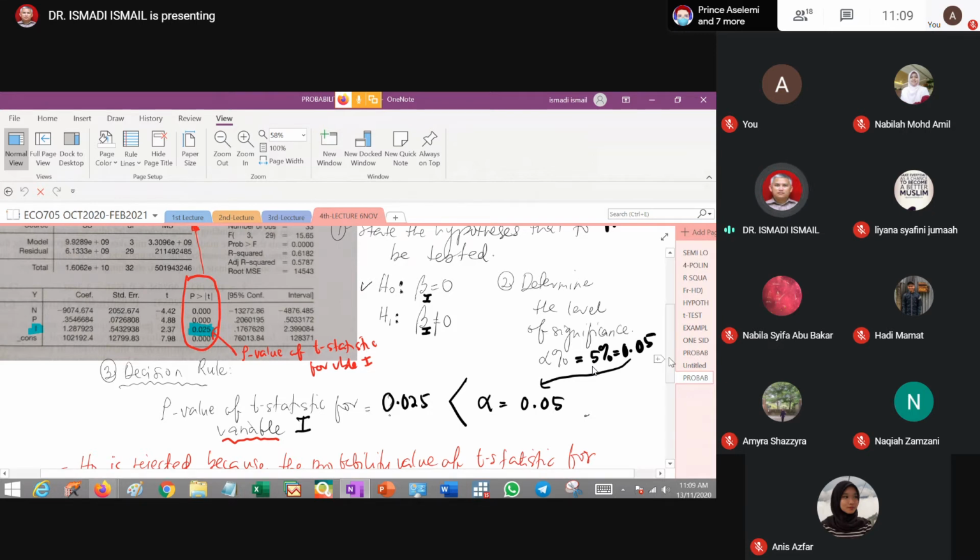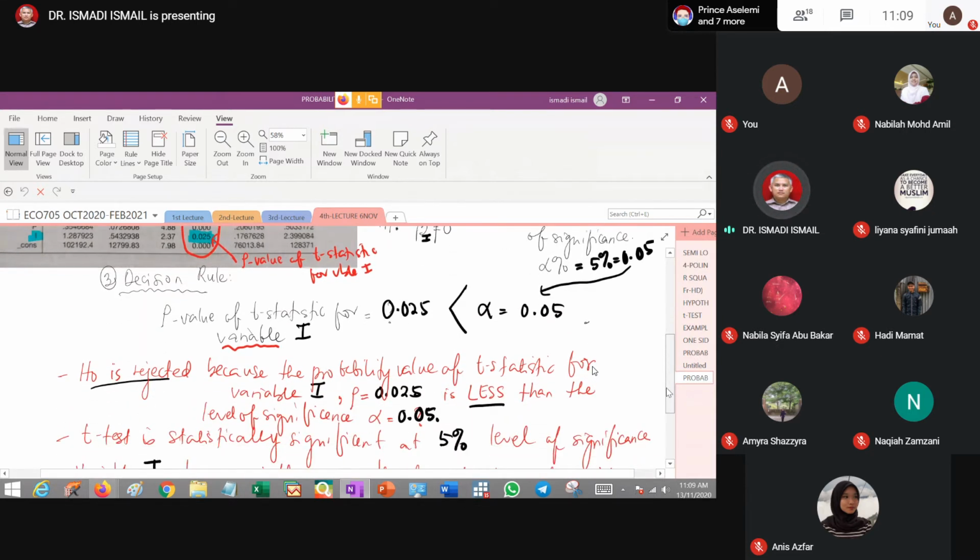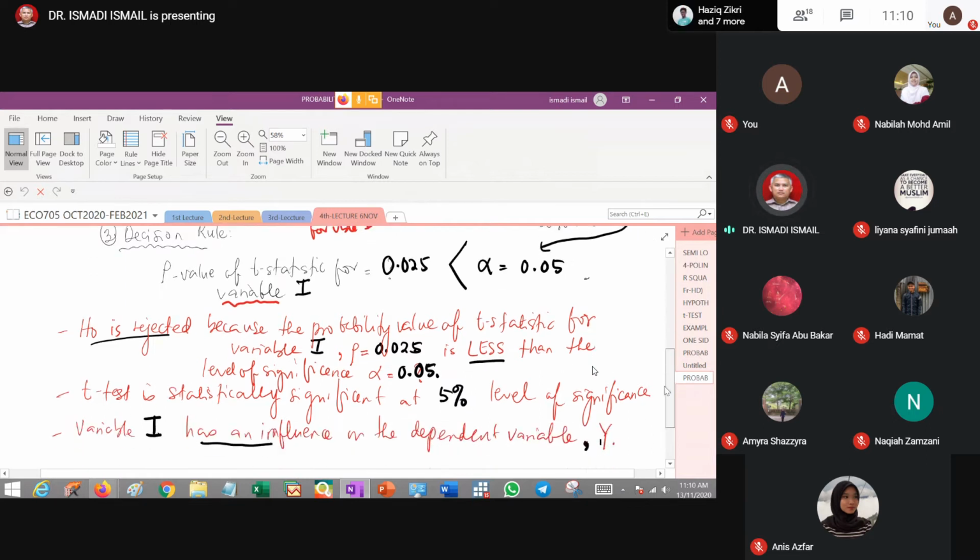If less than, the rule here is H0 is rejected, because p-value 0.025 is less than the level of significance alpha 0.05. Therefore, the t-test is statistically significant at the 5% level of significance. Variable I has an influence on the dependent variable Y. Done.